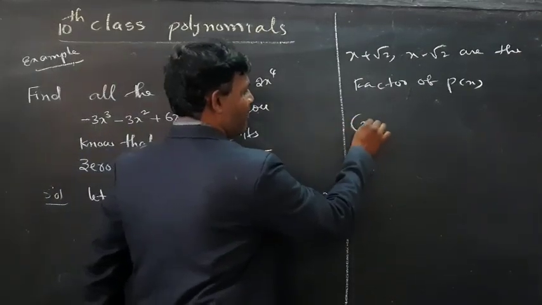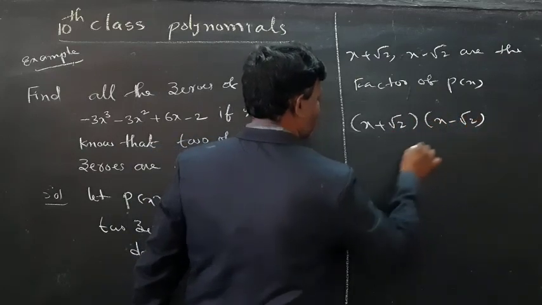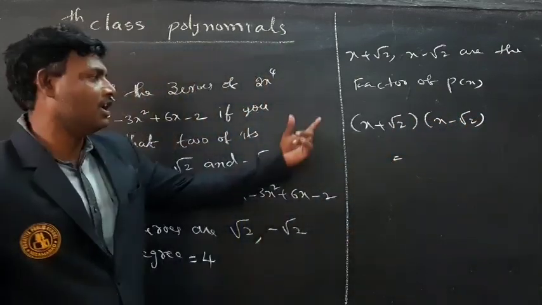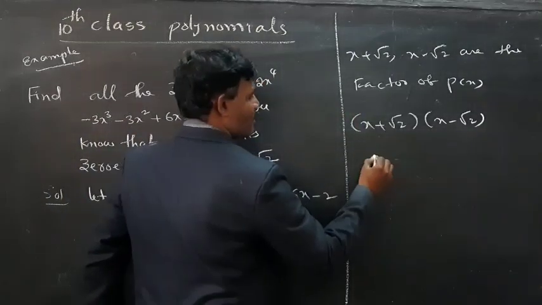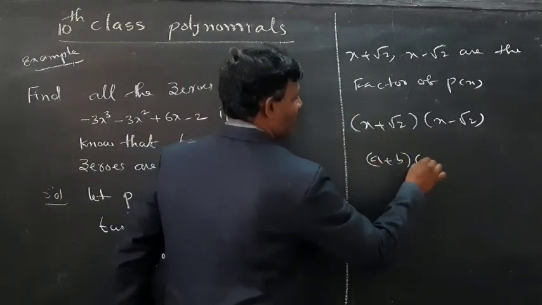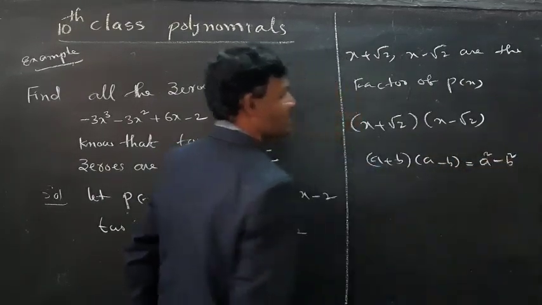Then here I am multiplying both the factors: x plus root 2 into x minus root 2. By multiplying that, it is in the form of a plus b into a minus b. A plus b into a minus b is equal to a square minus b square.